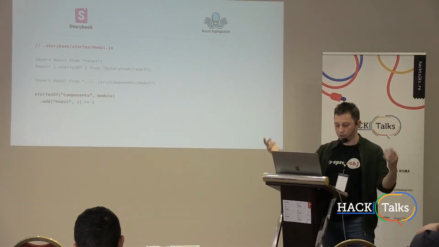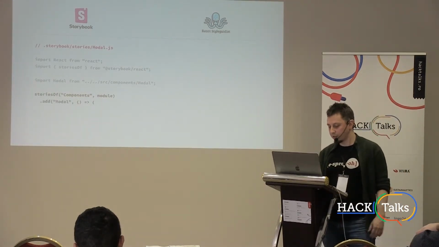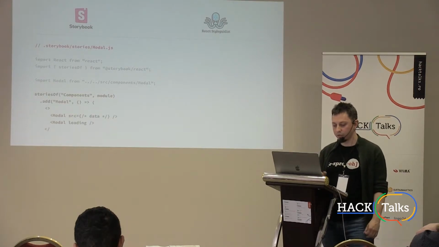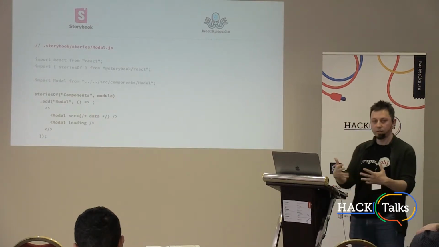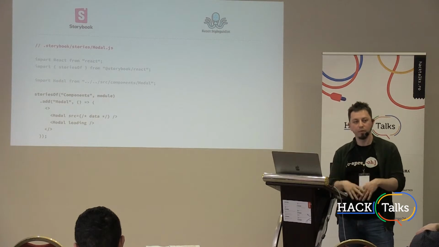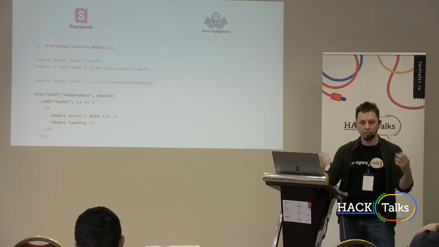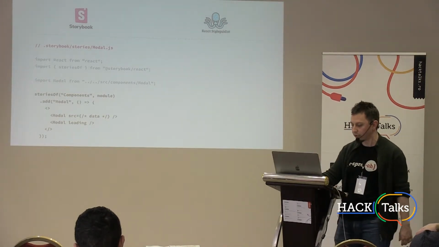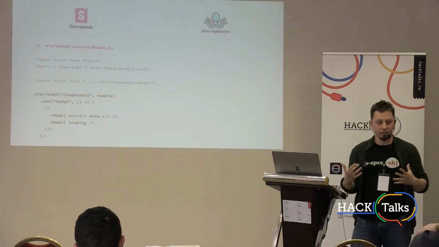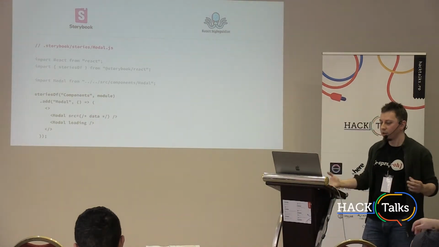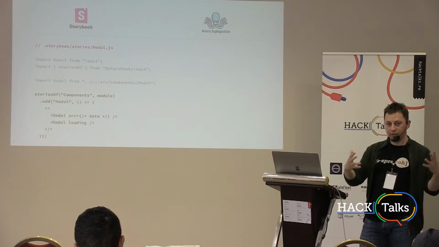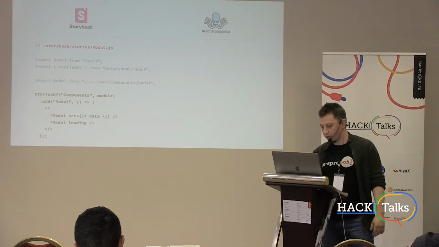You say Storybook components, you add different component models, and here you specify how you want your component to render, with what props, with what state, in what combination. You write JavaScript files, so basically you can do anything you want.